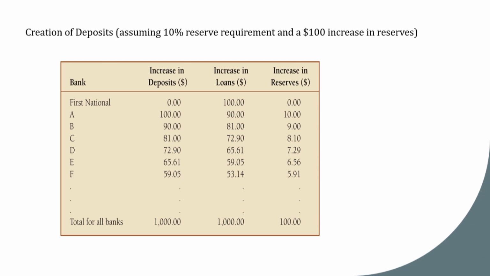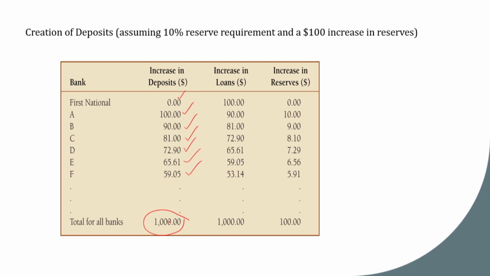the increase in deposits: for First National Bank, there is no increase in deposit because it got $100 through an open market sale of its government securities to the central bank. But Bank A's deposit has increased by this, Bank B increased, Bank C increased, Bank D, E, F increased. Finally, if the reserve ratio is 10%, from this table you can see that the total deposit increased by 1000.